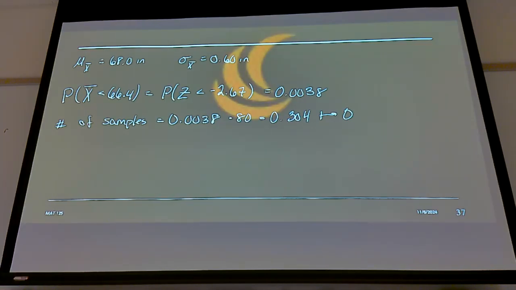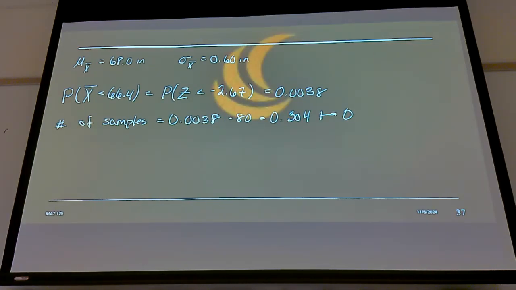After getting 0.304, how did we arrive at zero? Round it down, because you can't have a fraction of a sample. You can only have a whole number of samples. So I'm rounding it to the nearest integer, which in this case would round down to 0, or 1 if you wanted to round it up.